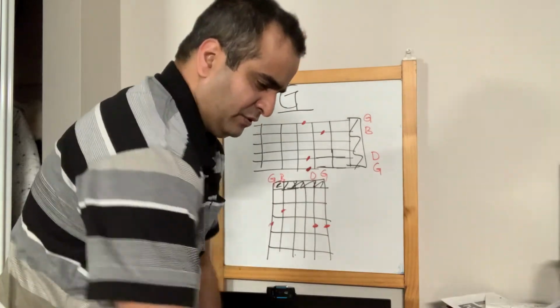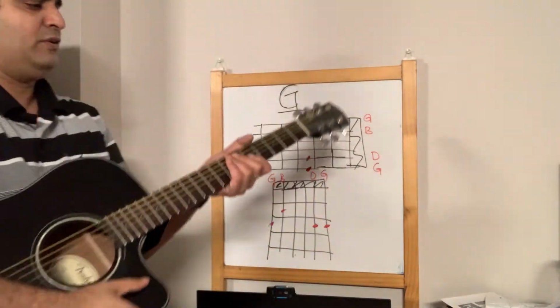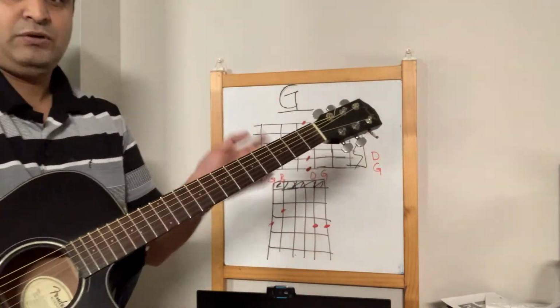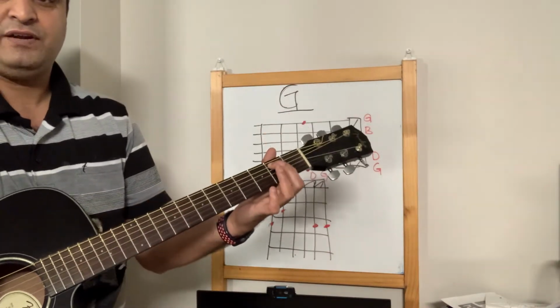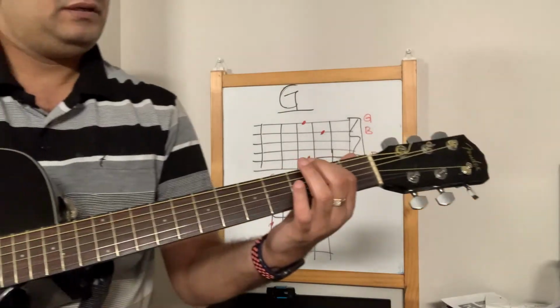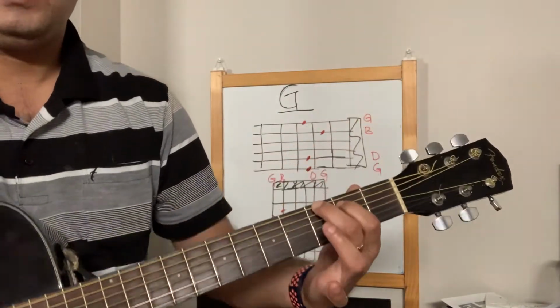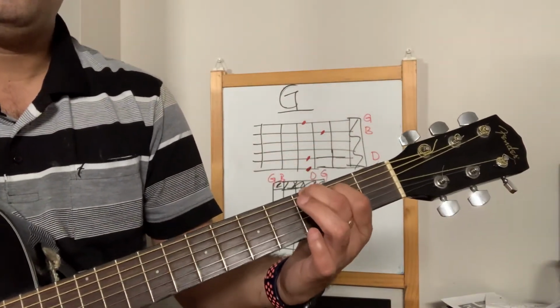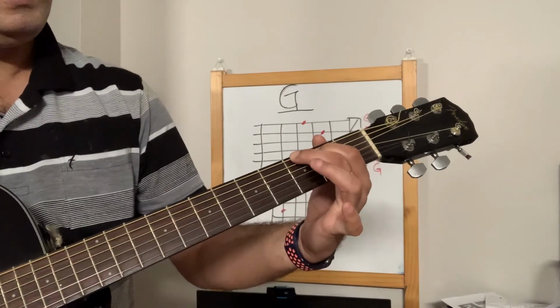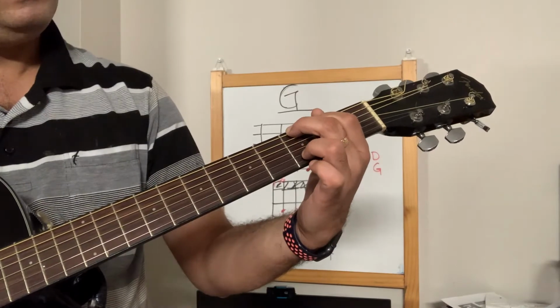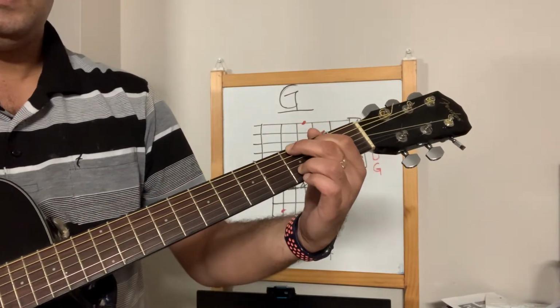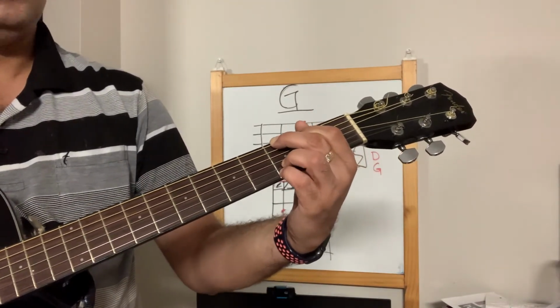So how do we position this on the guitar, and what are the fingers we use? The first finger we put on the 5th string 2nd fret. Second finger, or the middle finger, we put on the 6th string 3rd fret. Then the ring finger is on the 2nd string 3rd fret, and then pinky is on the 1st string 3rd fret.